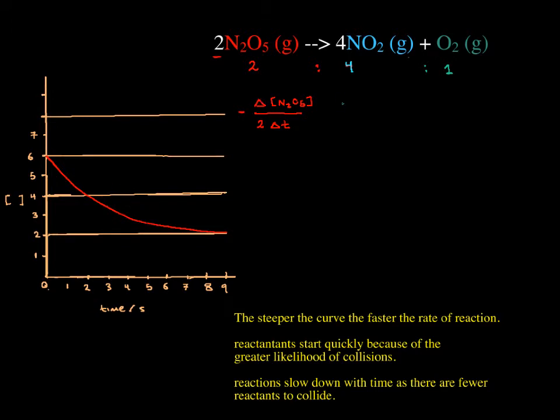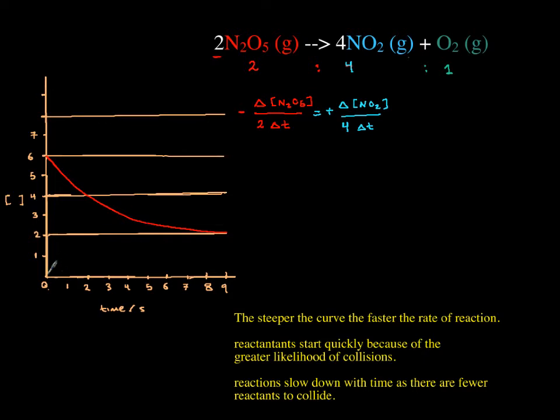Then if we look at one of the products, NO2, this is equal to positive because it is being produced. Concentration of NO2 changing over unit time delta T, but the 4 comes in the denominator, meaning NO2 is twice as fast as N2O5.